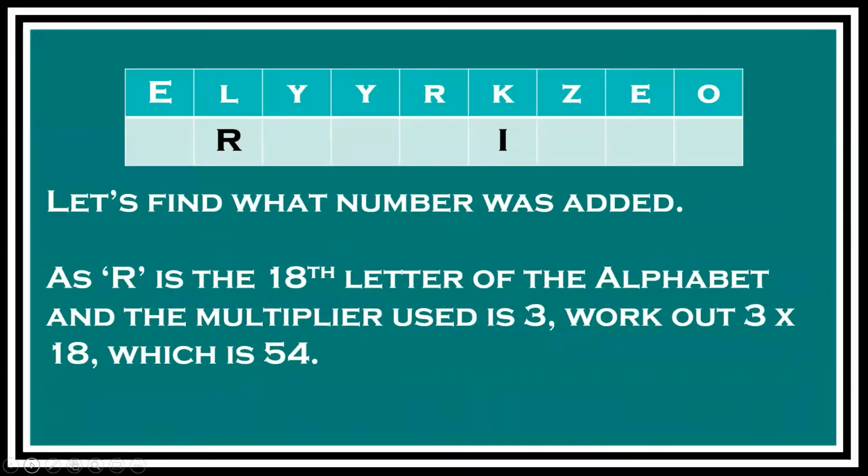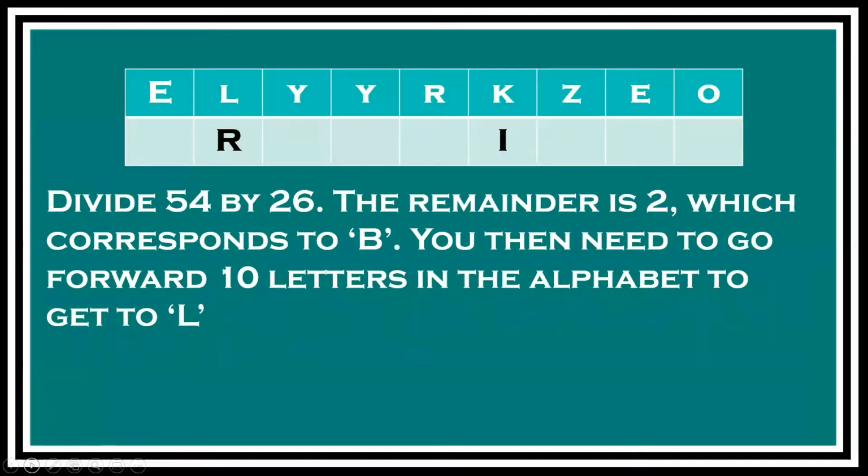Now we need to find out what number was added. R we know to be the 18th letter of the alphabet, and we have also found that the multiplier is 3. So 3 times 18 is 54. Now dividing that by 26, and we get a remainder of 2, and the second letter of the alphabet is B. Now we need to get to L. We need to get from B, the second letter, to L, the 12th letter.